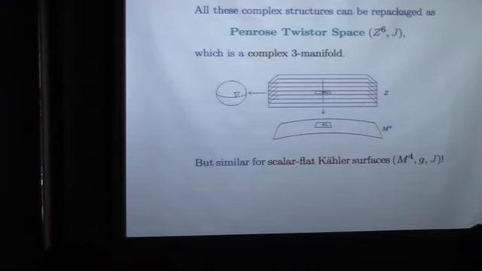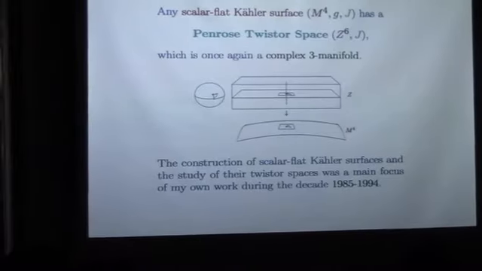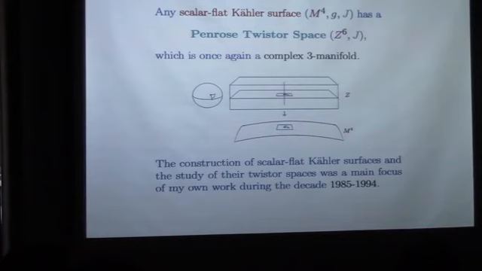But amazingly, I found early in my career that this works not just for hyperkähler manifolds, it also works for scalar-flat Kähler manifolds of complex dimension 2. These are so-called scalar-flat Kähler surfaces. They also have twistor spaces, and you can understand the geometry of the Kähler metric in terms of the twistor spaces. So in the late 80s and early 90s, a main focus of my work was constructing such things and trying to understand their twistor spaces.